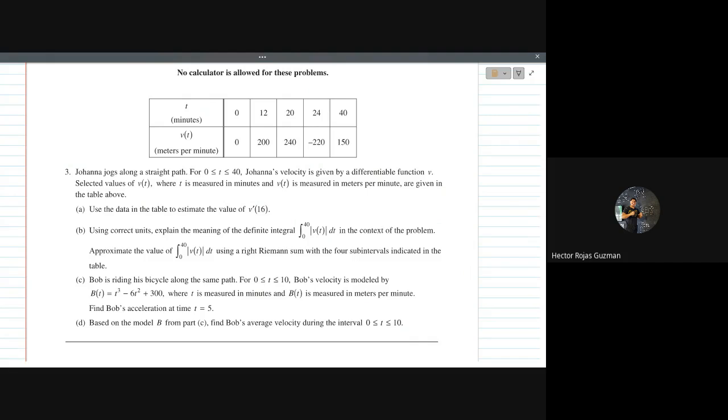Okay, while you guys take out your test, we have a problem where Joanna jogs in a straight path. Her velocity is given. We have selected values in meters per minute, so it's a rate. Of course, it's velocity. We want to approximate v prime of 16.